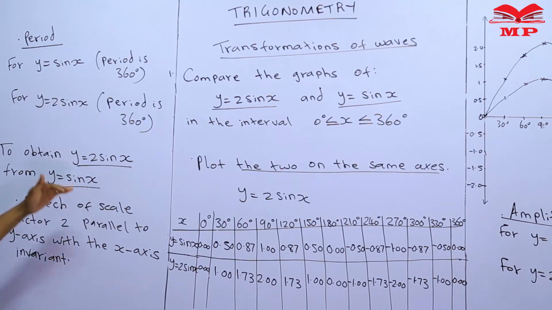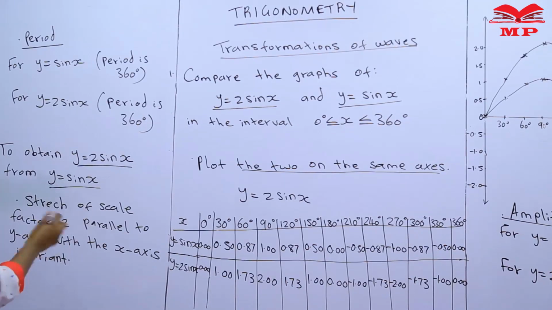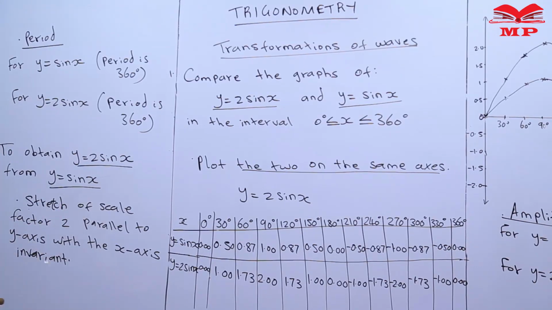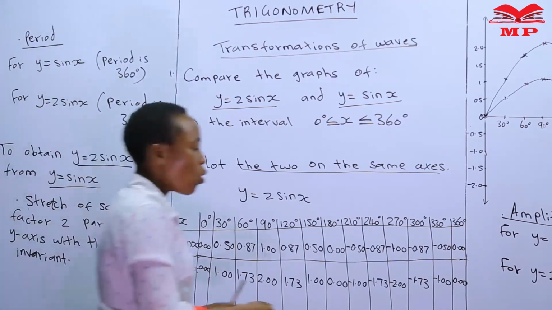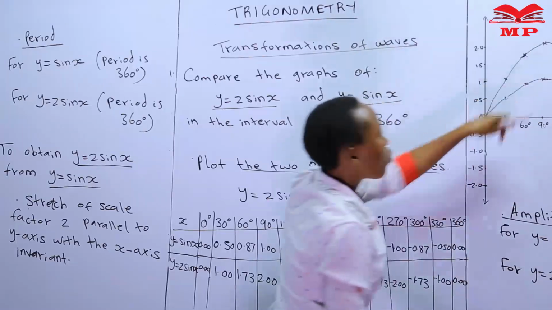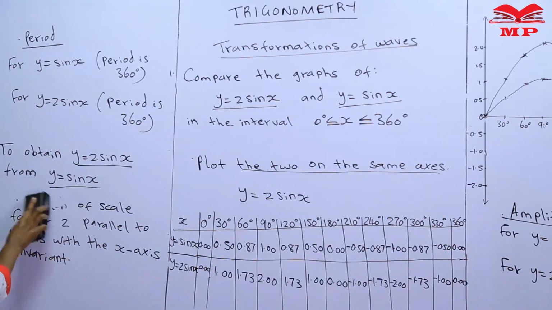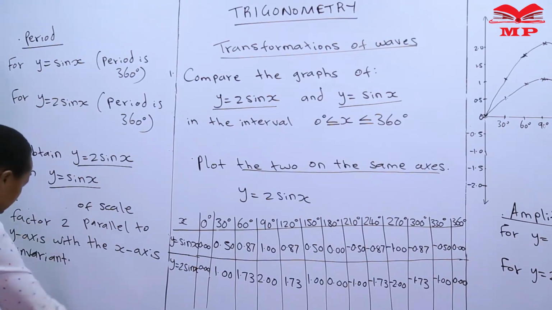And this is now the transformation. It is a stretch. We have a stretch of scale factor 2 that is parallel to the y-axis, but with the x-axis invariant. This is a stretch.